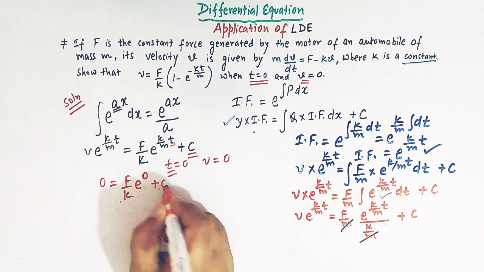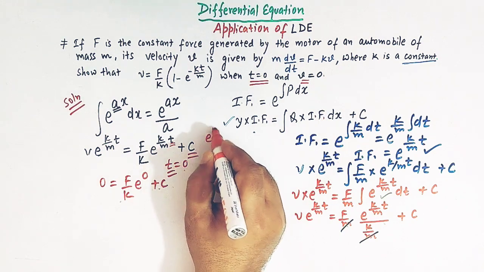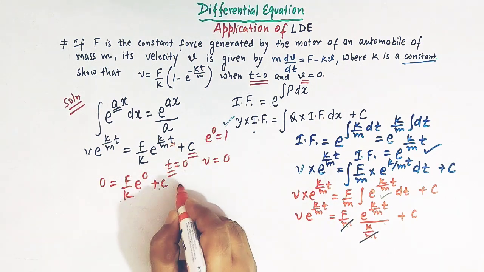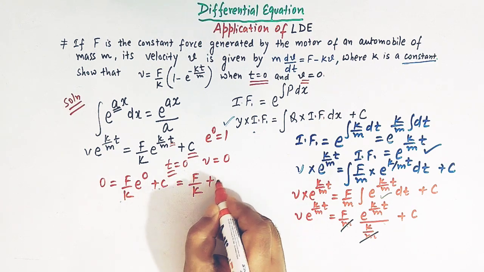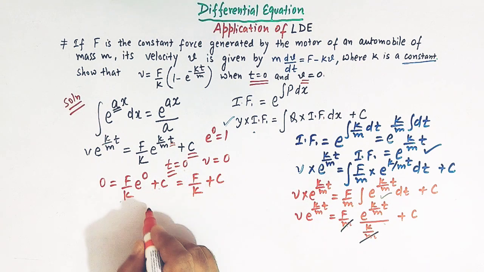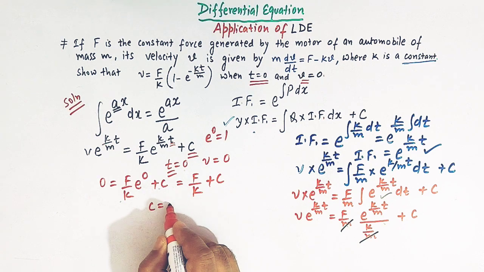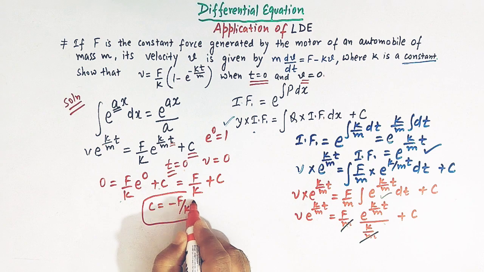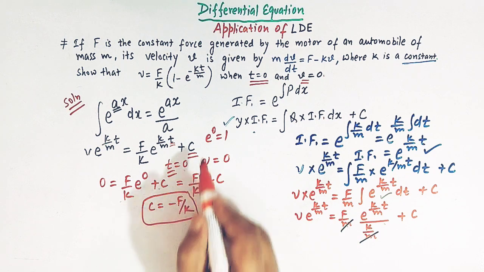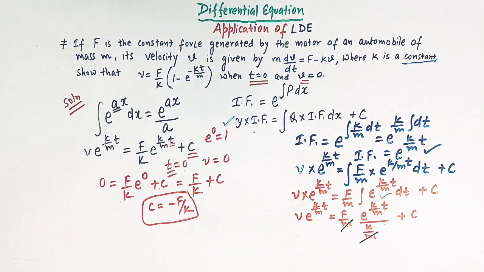And here we have c, and e raised to 0 is 1. So we have 0 equals F over k plus c, so c can be written as minus F over k. So this is the value of the constant of integration.